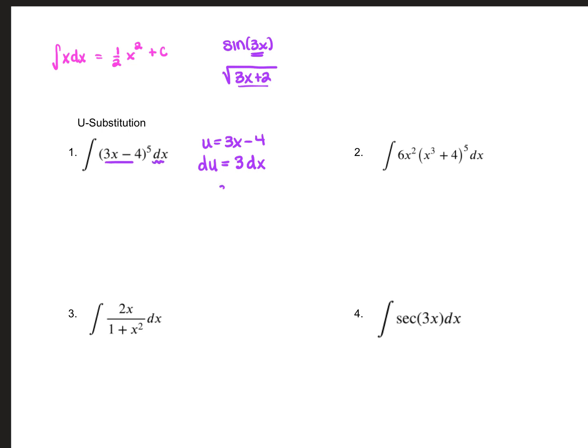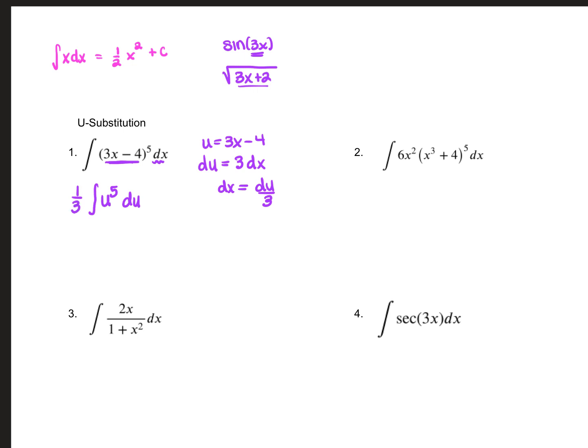Solving for dx, that's the same thing as du over 3. So this under here in the radical is u. The dx is going to become du, and then divided by 3, we're going to pull that out.